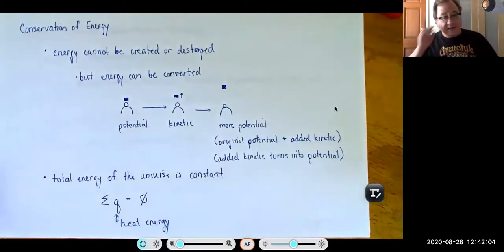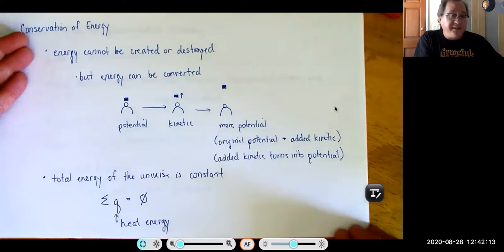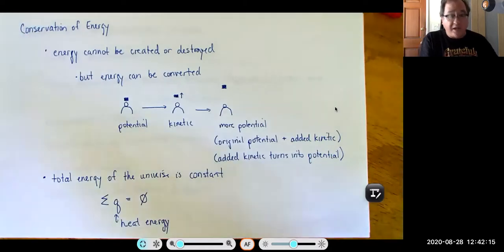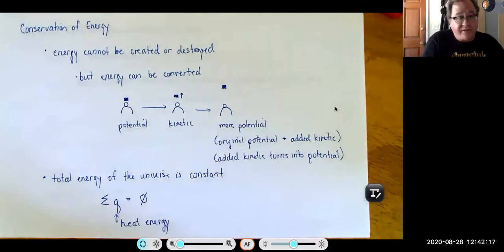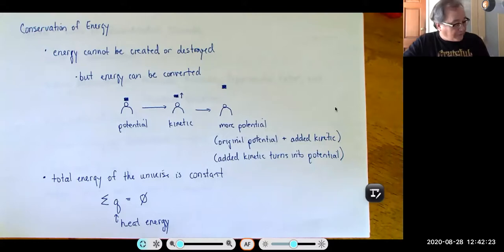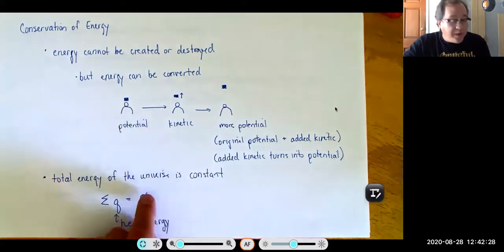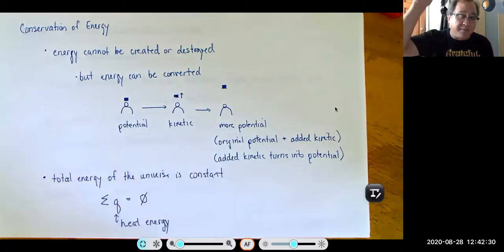Conservation of energy. This is something we'll be using later in a specific heat capacity lab. The law of the conservation of energy tells us that energy cannot be created or destroyed, but it can be converted. So for instance, we have the potential energy of the book over the person's head. We can move the book higher above the person's head.